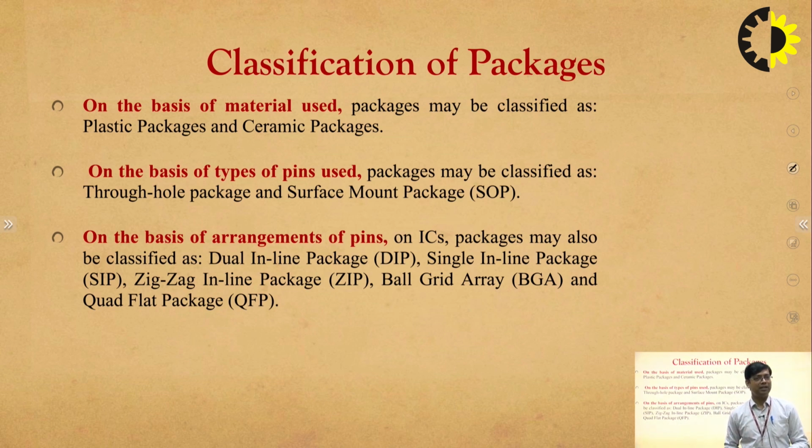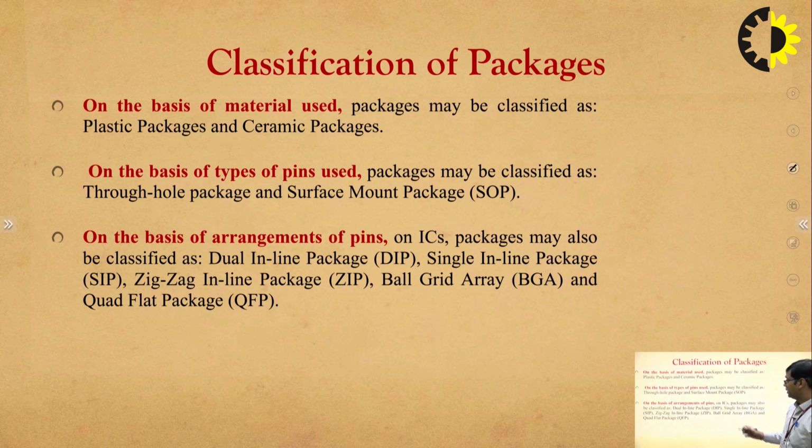Through hole package is an earlier generation technology where the pins cross the board and they are soldered on the other side of the board. Whereas in surface mount package technology, the pins are soldered on the same side of the surface where the chip is mounted.